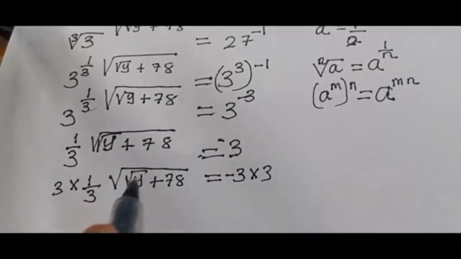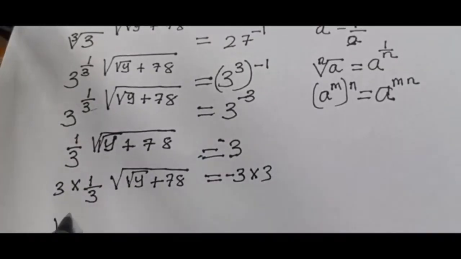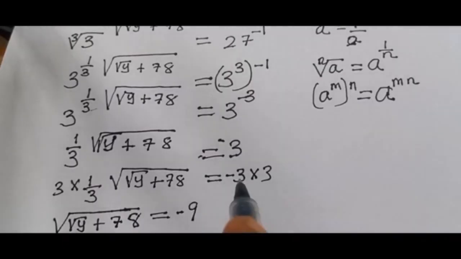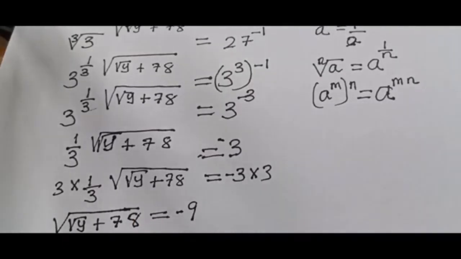So here we remain with under root. Inside the under root we have radical y plus 78 equals to negative 9, because negative 3 times 3 is negative 9.